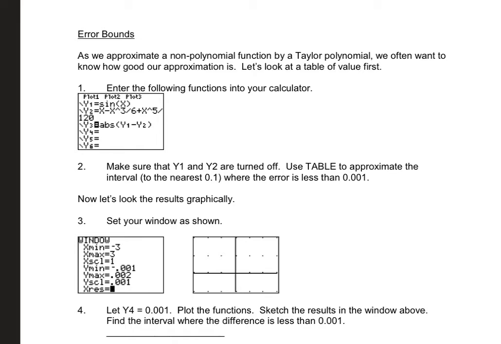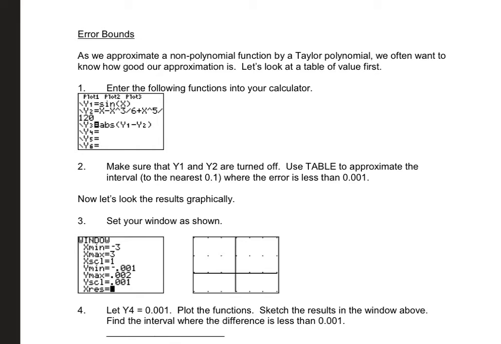As we can see here, we can approximate any function with a Taylor polynomial, and we'd like to know how good that approximation is. What we're doing here is looking at sine x, and our Maclaurin series for sine x, we hopefully know, is those odd powers over odd factorials that alternate in sign.